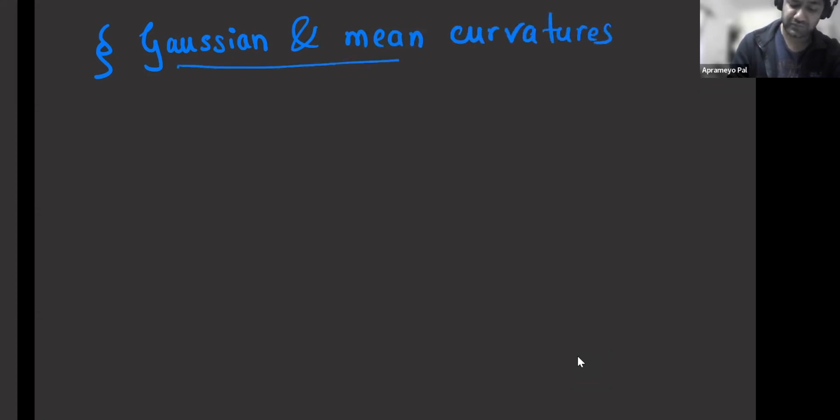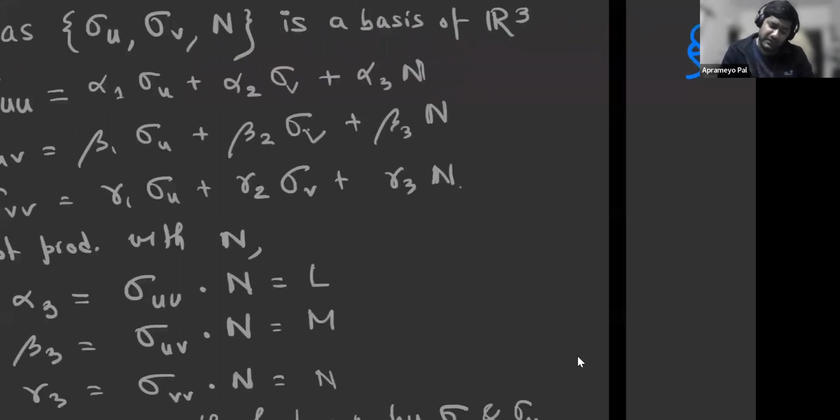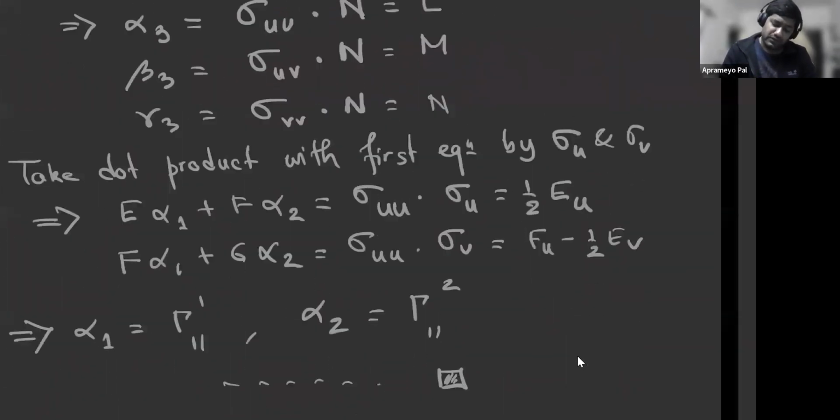This is called Gaussian and mean curvatures. Let's think again about what we have successfully obtained.